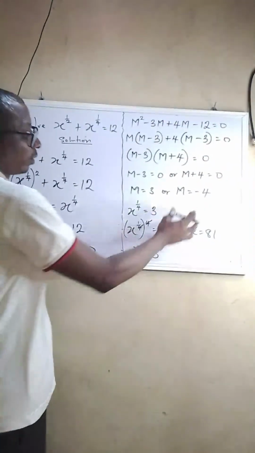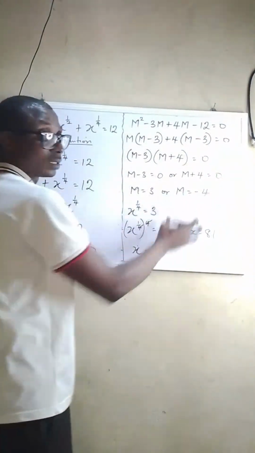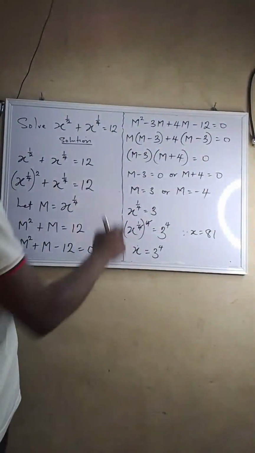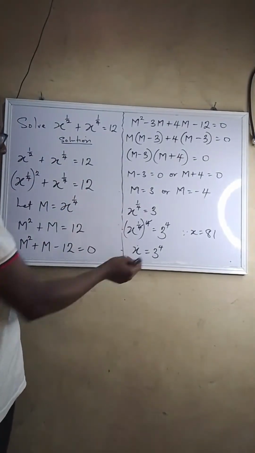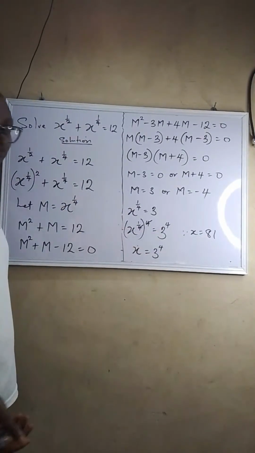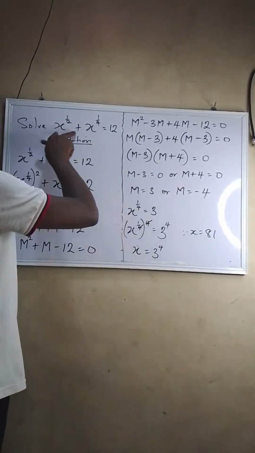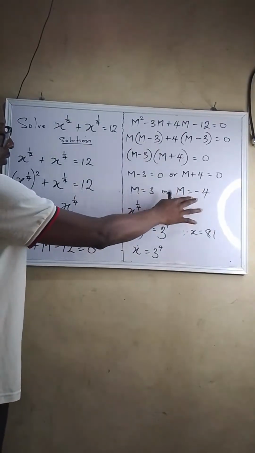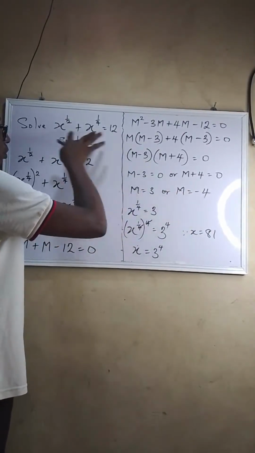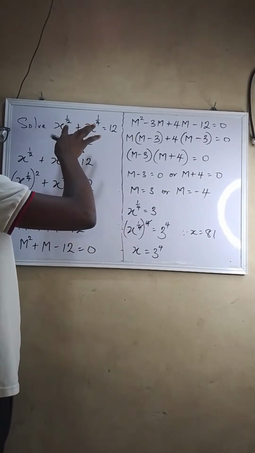Now, when you look at the other one, by the time you solve it, your result will not satisfy this equation, because you can always check back. If you check back with this one, you insert it here, you will see that you are going to have 12. But when you solve this other one and substitute here, you will not get the result.